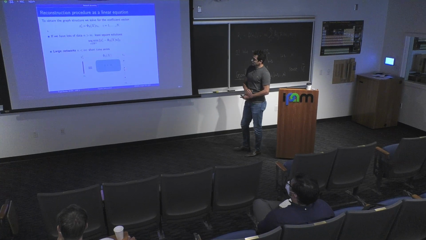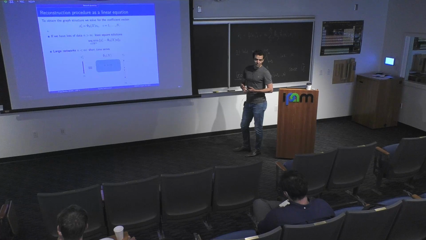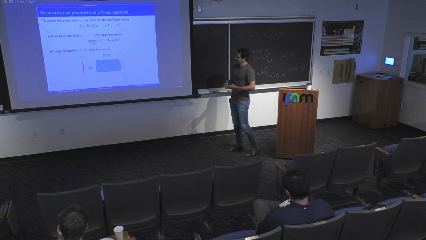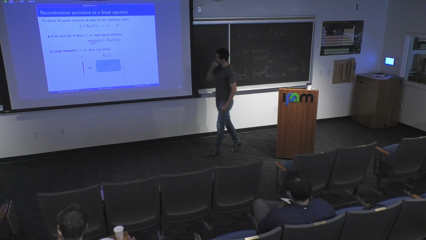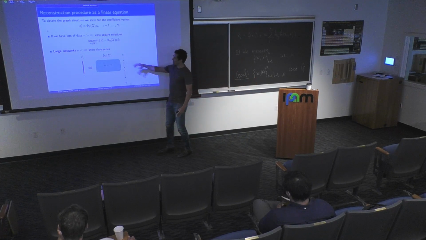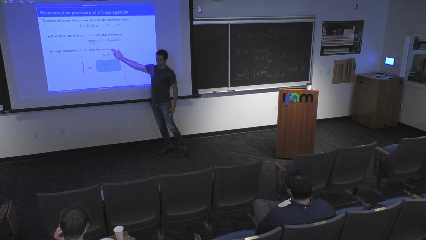Now we have two problems. If the network is very large, then the number of basis functions is very large as well. So measuring a lot becomes a problem because you can't really measure so much, it's too much measurement. Or if the time series is short, you cannot really measure so much.